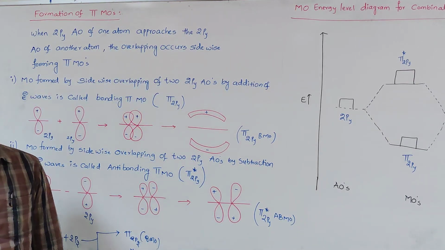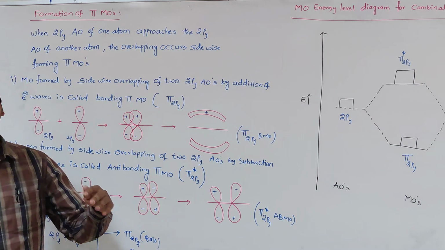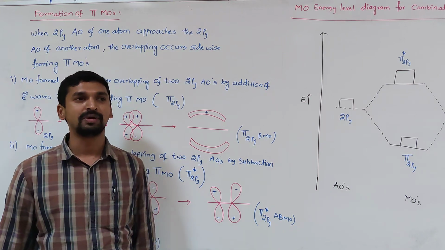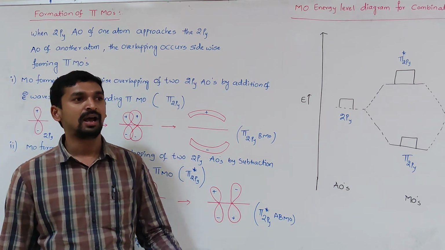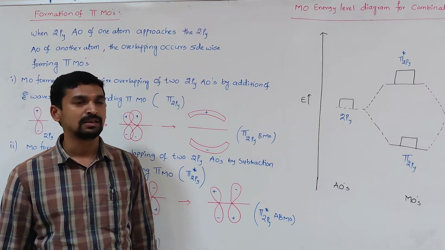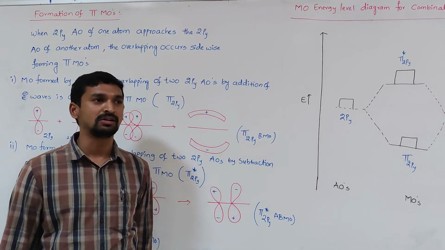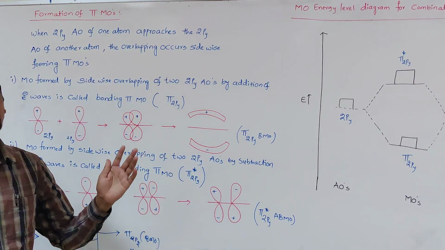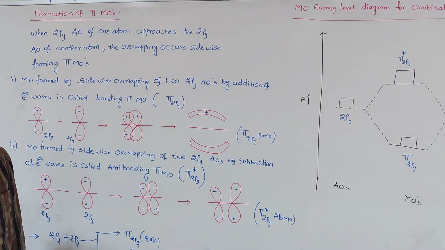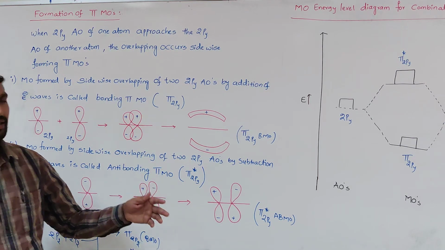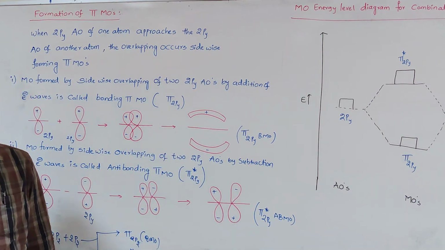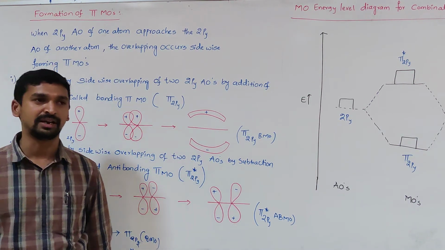When it comes to the pi molecular orbitals, pi 2py and pi 2pz are the bonding molecular orbitals, and pi star 2py and pi star 2pz are anti-bonding molecular orbitals, because the x-axis is the internuclear axis, which results in the formation of the sigma bond. The remaining two axes result in the formation of the pi bond. So this is about the combination of the 2p orbitals. Like that, combination of 1s orbitals results in two molecular orbitals, sigma 1s and sigma star 1s.